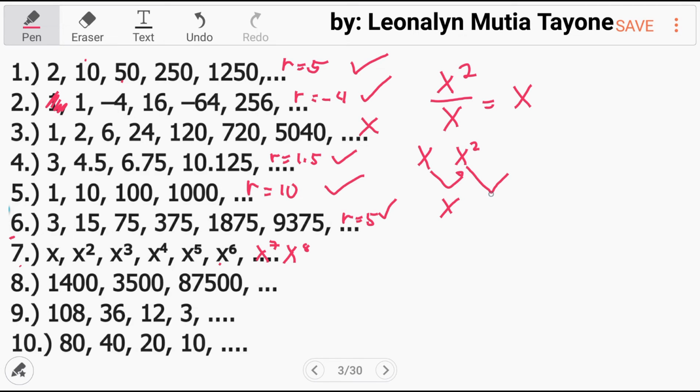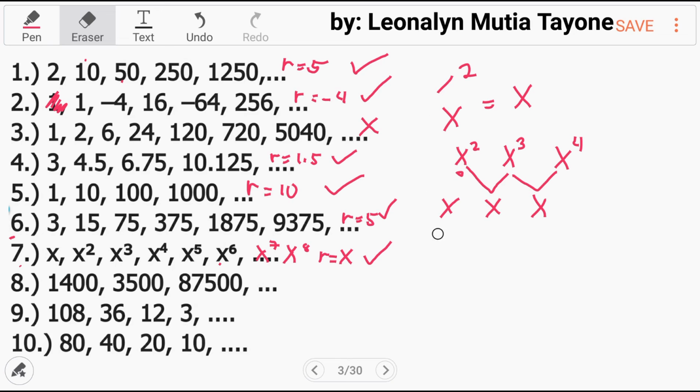Now x squared, we also multiply by x, and that equals x to the third power, or x cubed. Now we also multiply by x, so you just add 1 to the exponent. This is x with an exponent of 4. So obviously, the common ratio here is x, and this is a geometric sequence because it has a common ratio.